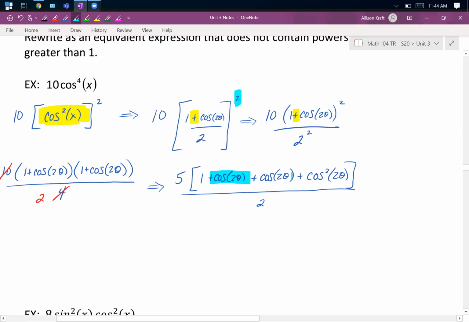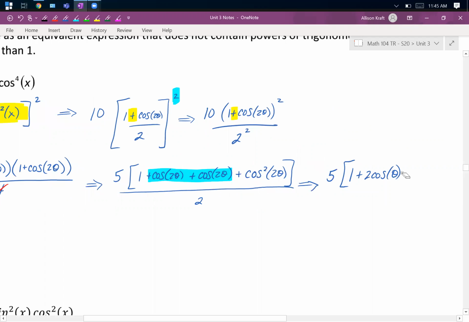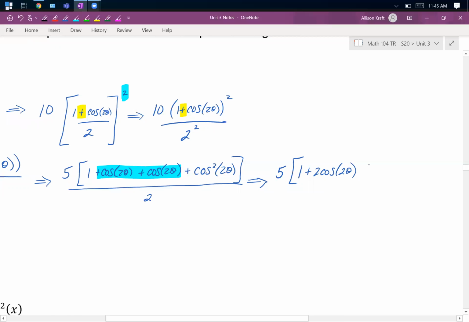We have like terms here in the middle that we can combine. Five times 1 plus 2 cosine, oh sorry, it's 2 theta there, plus cosine squared 2 theta, all over 2.